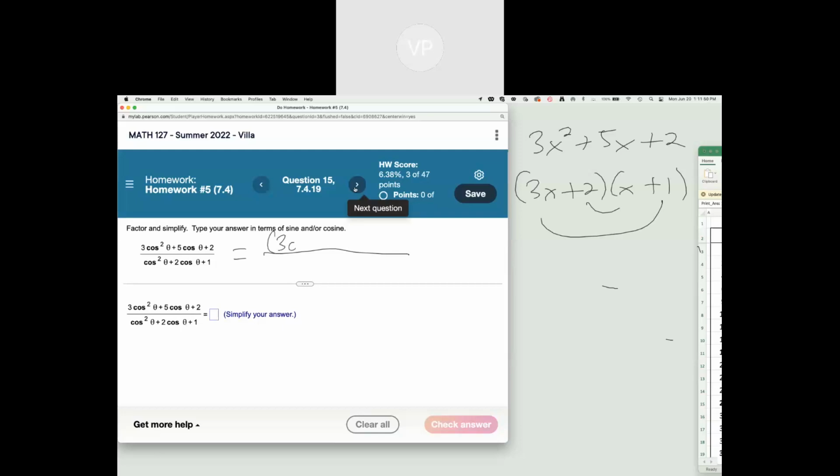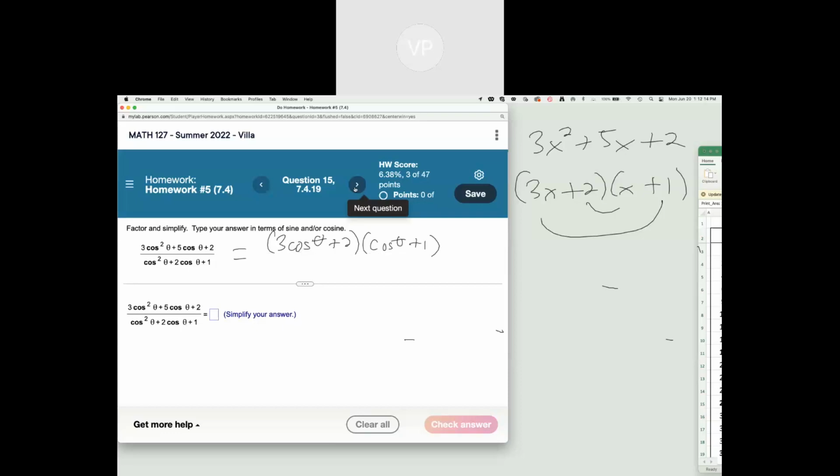I'm going to write 3 cosine of theta +2 times cosine of theta +1.